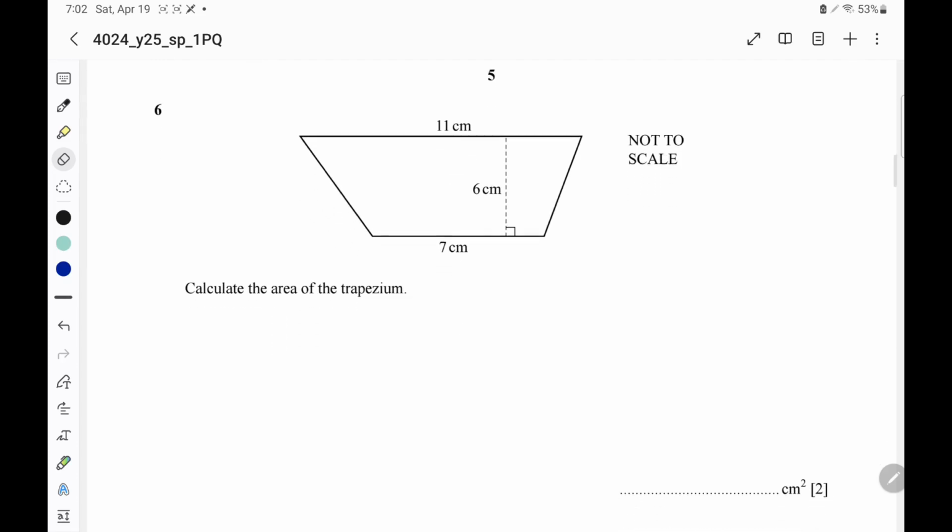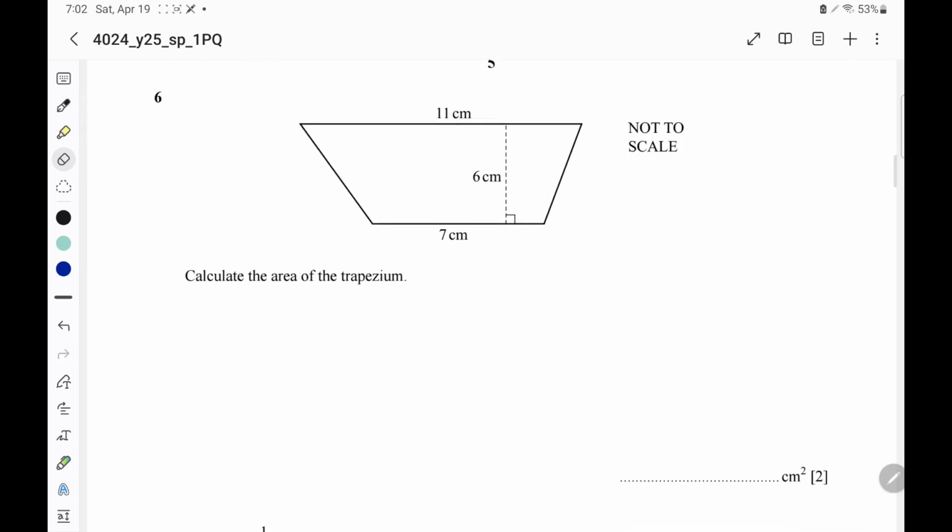Question number 6. Calculate the area of the trapezium. The area formula is half times height into sum of parallel lines. The parallel lines are a is 7 and b is 11, and the height is 6 centimeters. This is a 2 marks question.